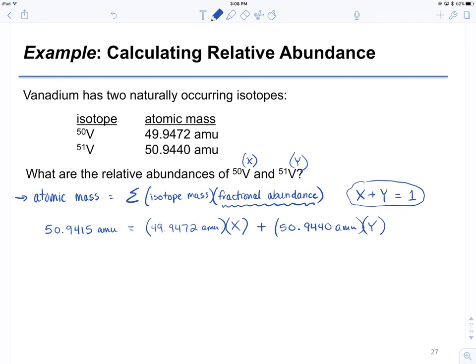So what I need to do is solve this X plus Y equals 1 for either X or Y, and I'll just solve it for X. X is equal to 1 minus Y. So now I can plug this in to my equation. After the substitution, I will have one equation, one unknown, and I can solve for Y.